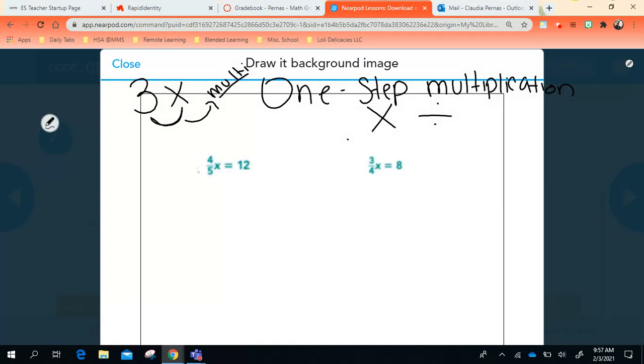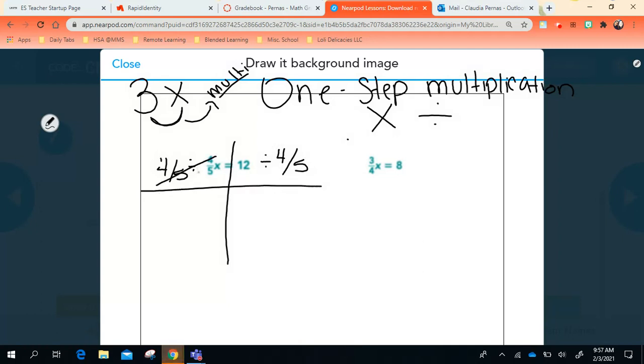Okay, so I'm gonna go over it. The only reason I'm gonna go over it is because I'm not 100% sure everybody at home has got it. But I saw everybody in here, it looked good. So I'm putting my line down the middle. 4/5 x. What do I need to do? What's the inverse? Divide by 4/5 on both sides.